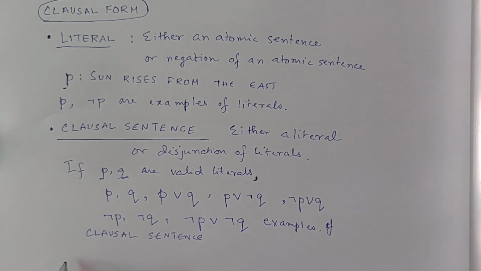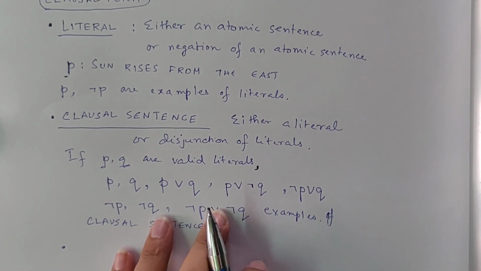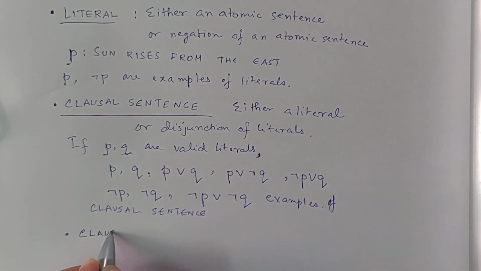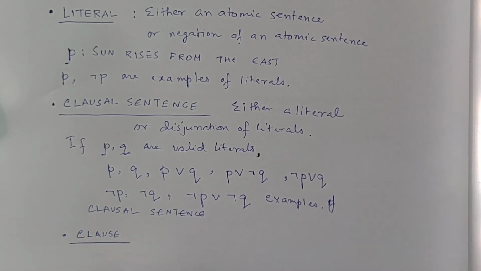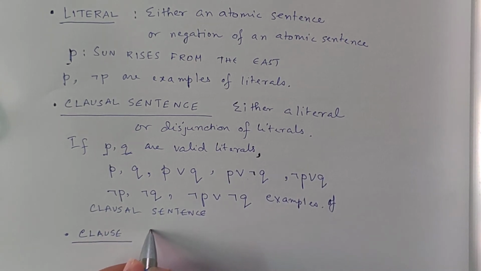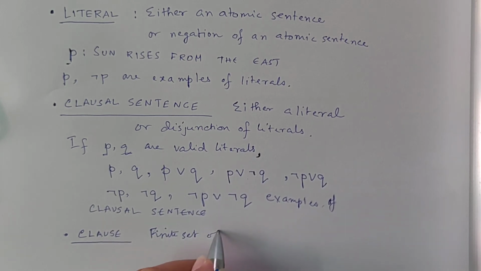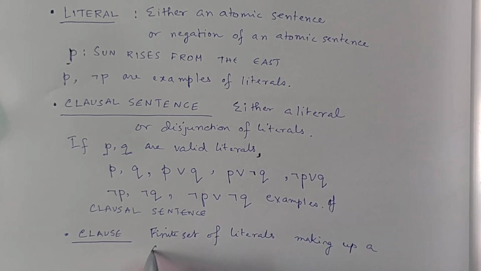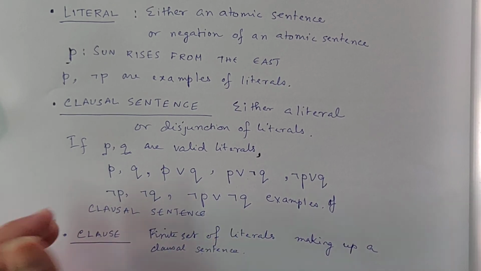Then the third and last terminology that we have to learn in this clausal form is clause. What is a clause now? It is a finite set of literals making up a clausal sentence.